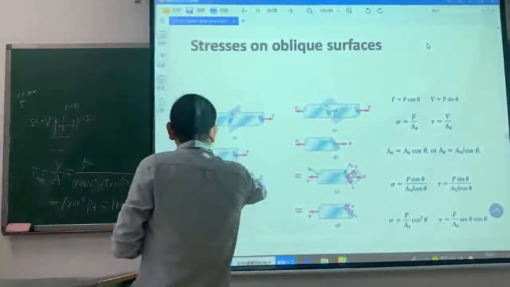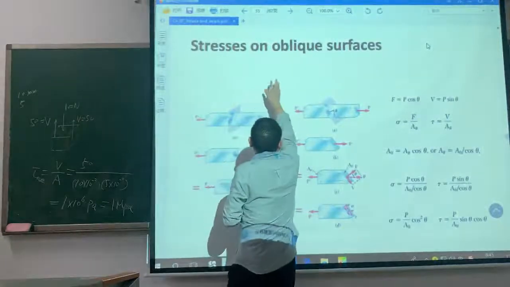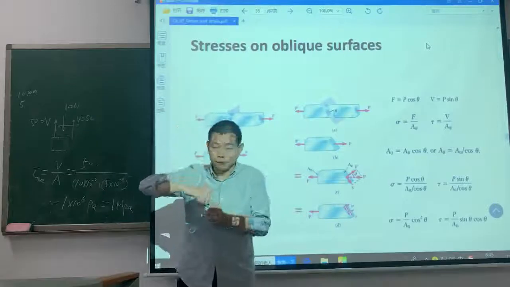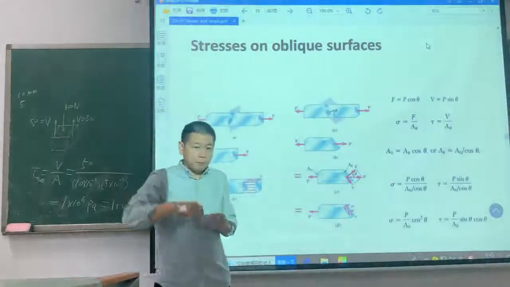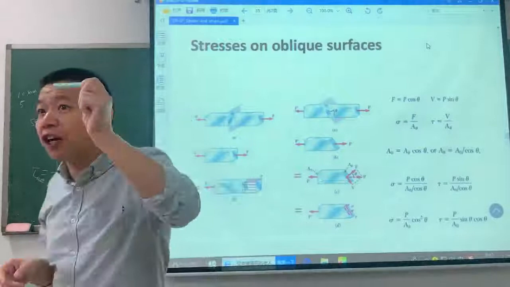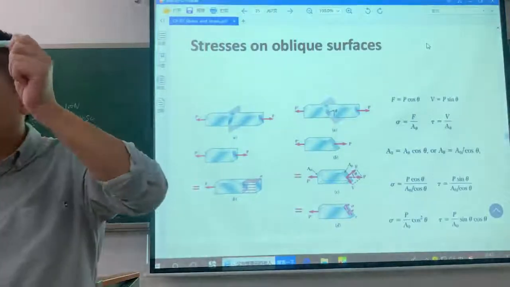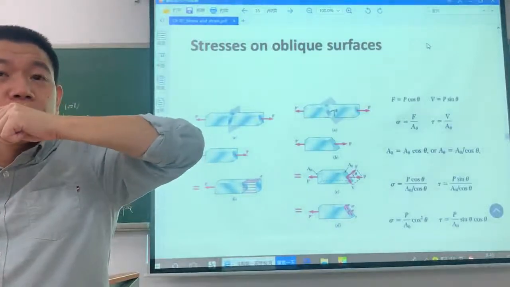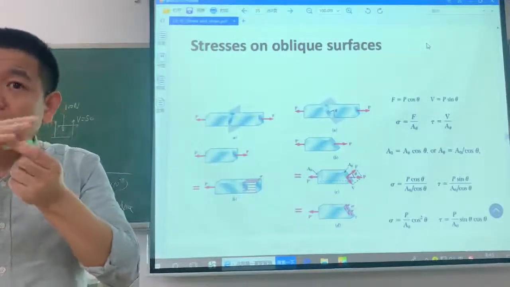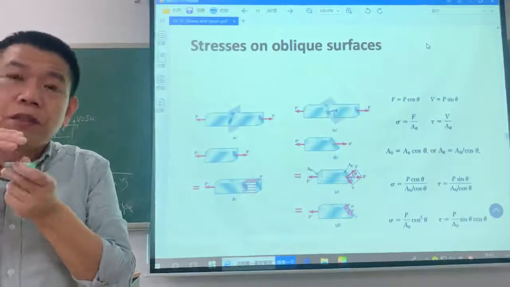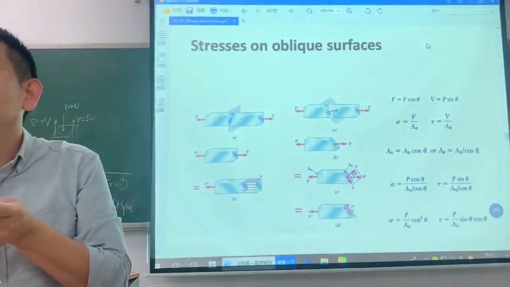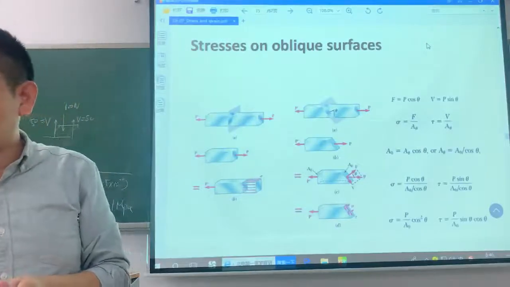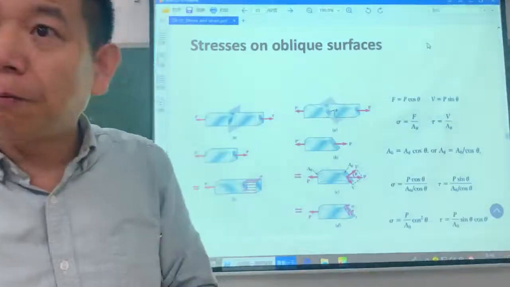So here is the stress on an oblique surface for any solid member. If it's a steel rod, when you torque it, the cut must be an oblique cut, different from chalk.